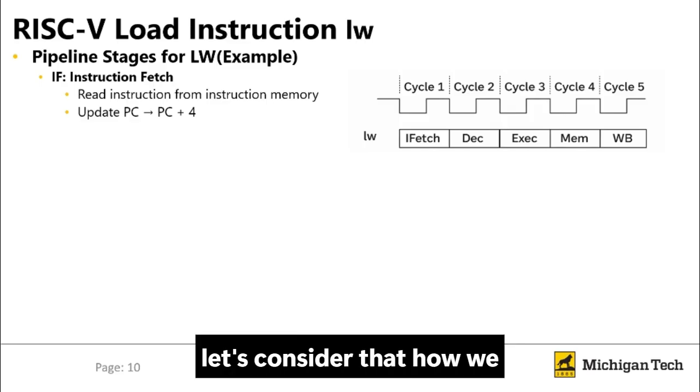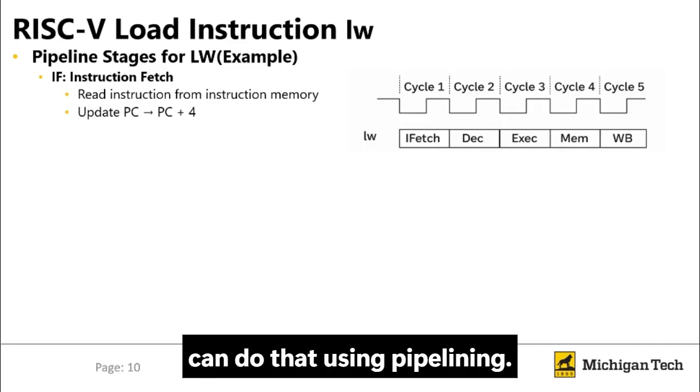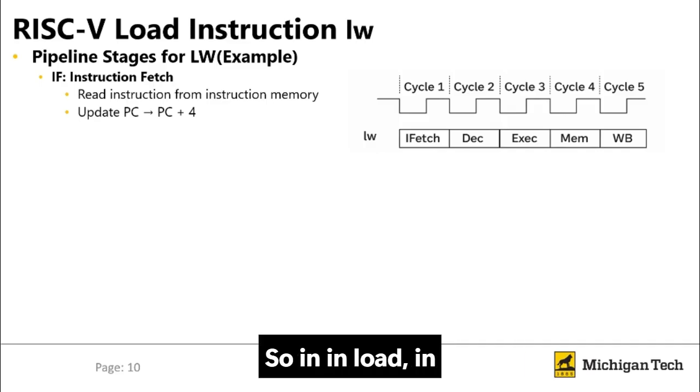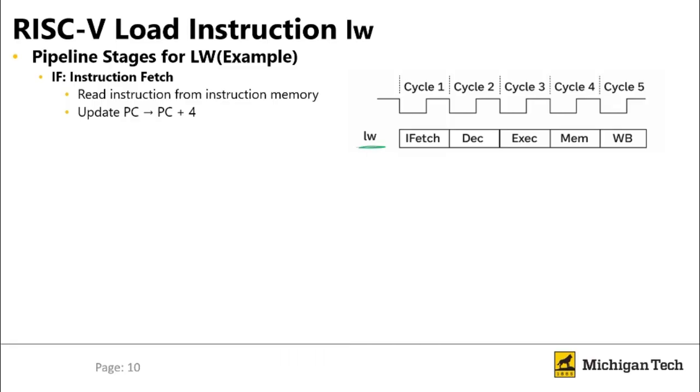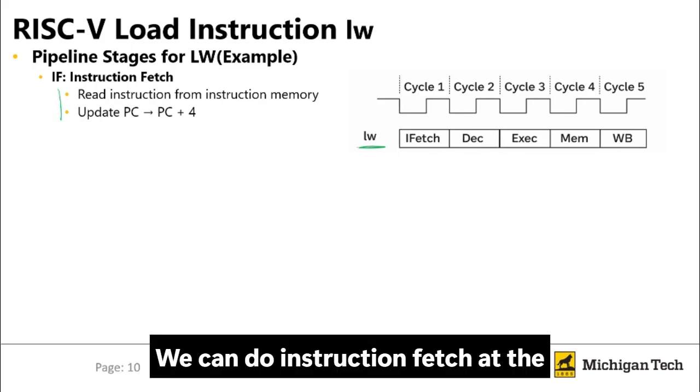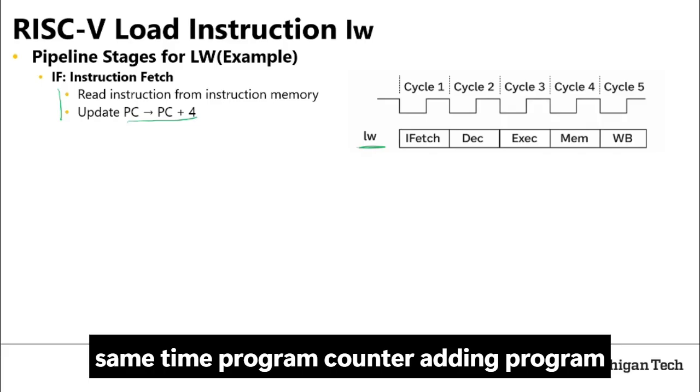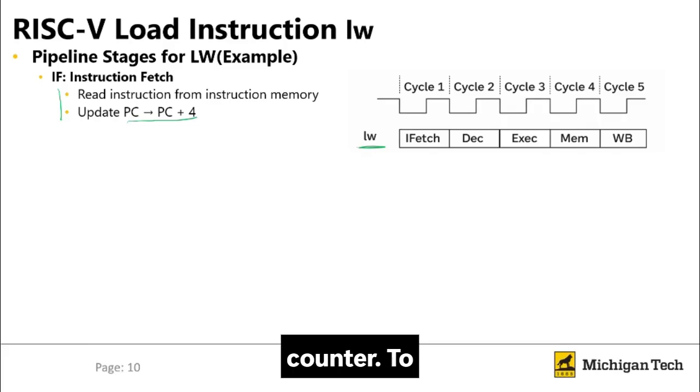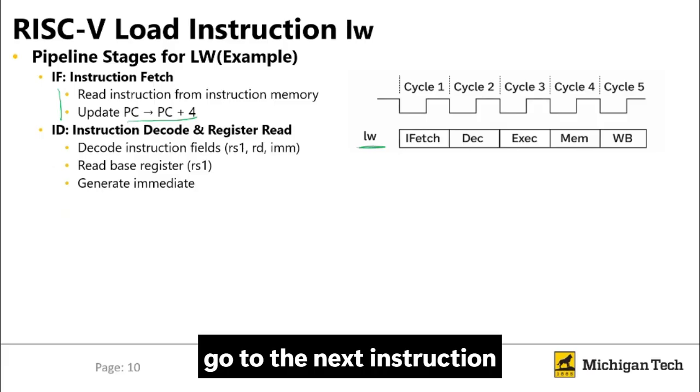And let's consider how we can do that using pipelining. So in load word, we have instruction fetch. We can do instruction fetch at the same time as adding the program counter to go to the next instruction.